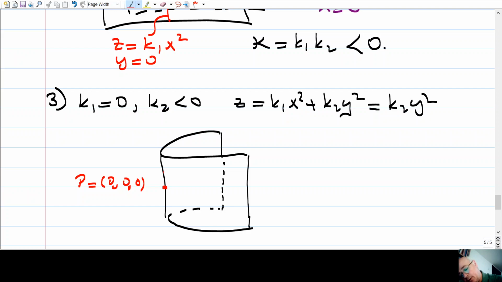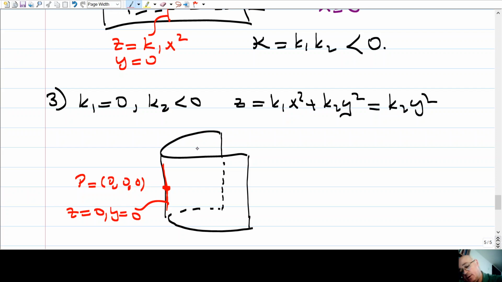This is the cross section Z equals 0 and Y is 0, so X is changing.